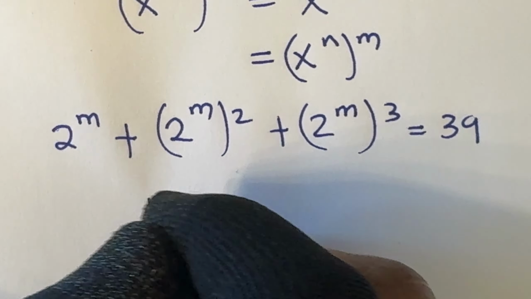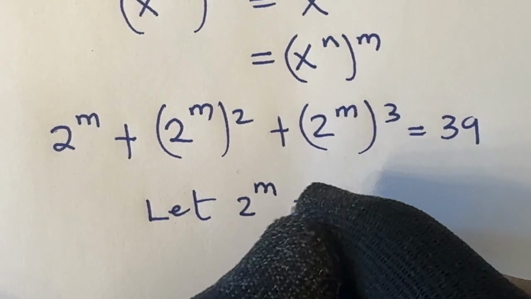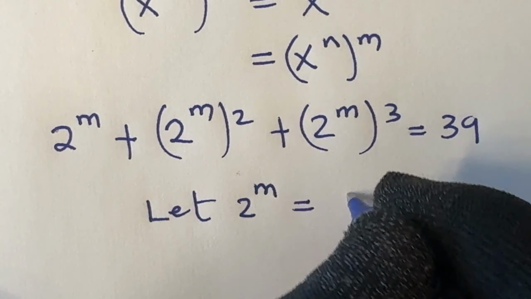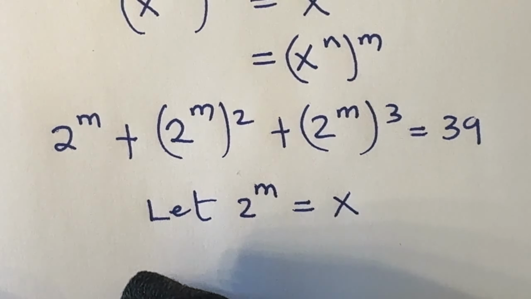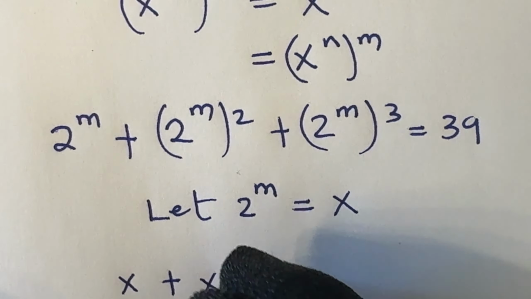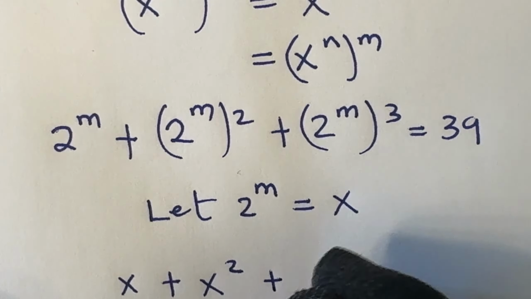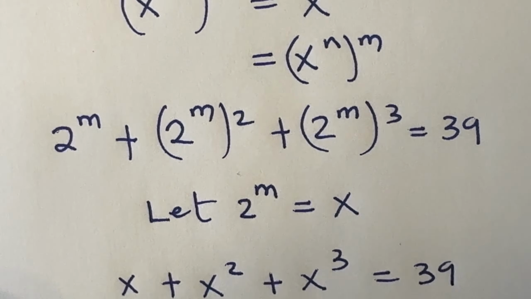I'll represent 2 raised to power m by another variable, say x. Therefore, this becomes x plus x squared plus x raised to power 3 is equal to 39.